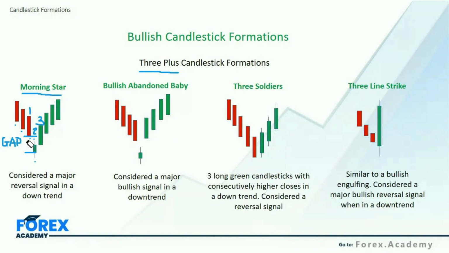So this is the gap, which is quite considerable. And what we see price action do next is make a new low, and then all of a sudden it actually becomes quite bullish, where we actually close higher, and then that is extended in the third candlestick, and then you're very likely to see that for subsequent candlesticks.